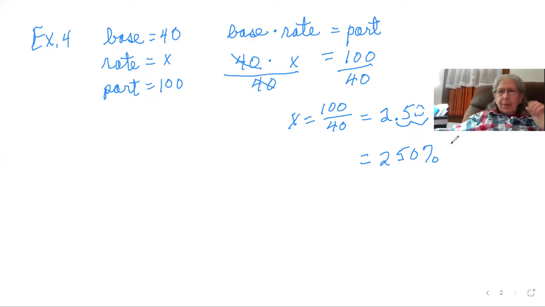And that's a perfectly fine answer. Just because it's more than 100% is not a problem. Just means the part is bigger than the base. Okay, so that's how to do the problems in 18 and 19. Go do them.